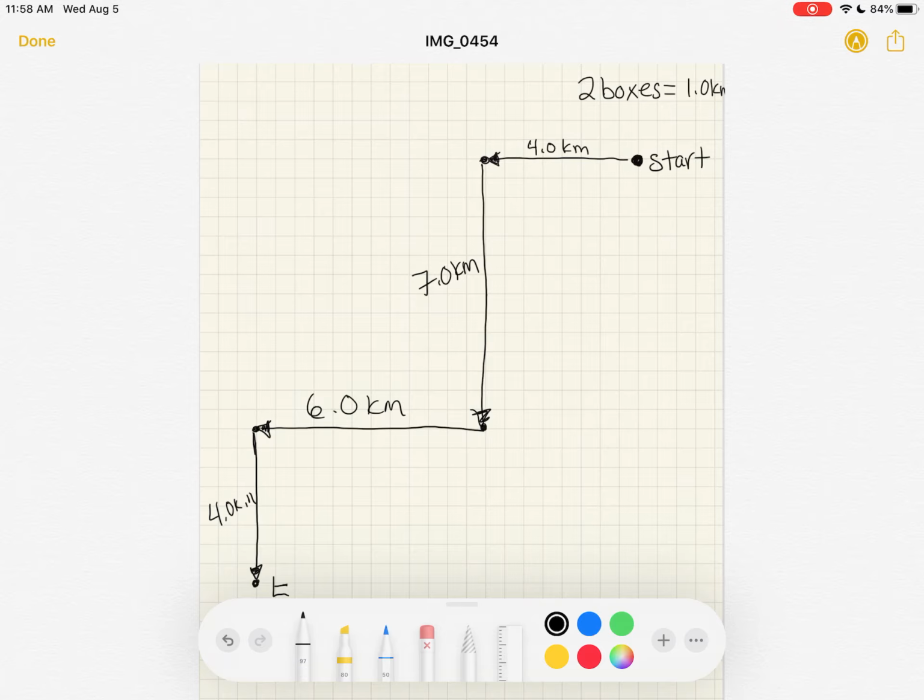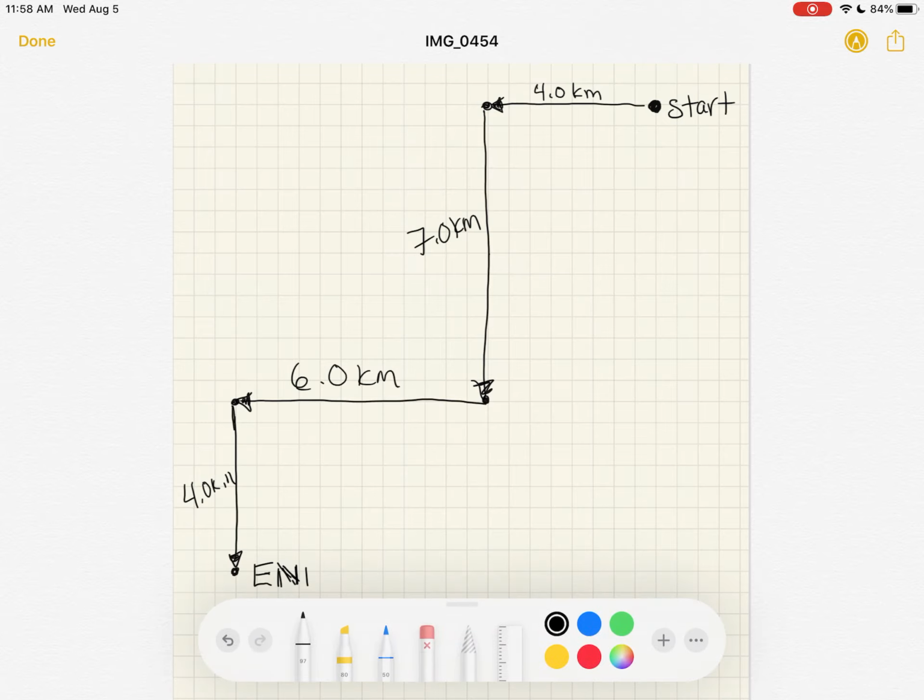Drawing lines where I don't want them. My iPad does not want to let me draw. Okay. So there we go. Let's try this again.